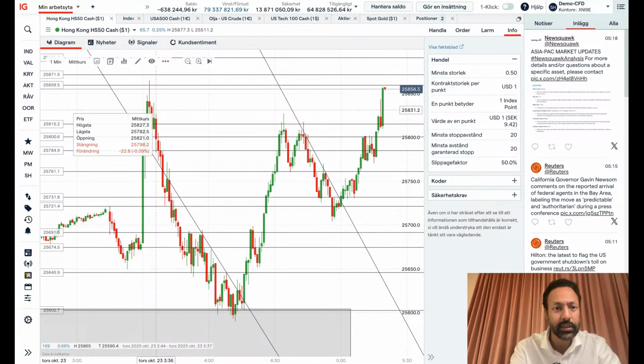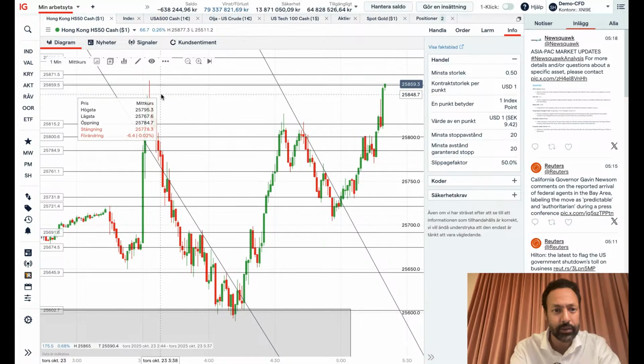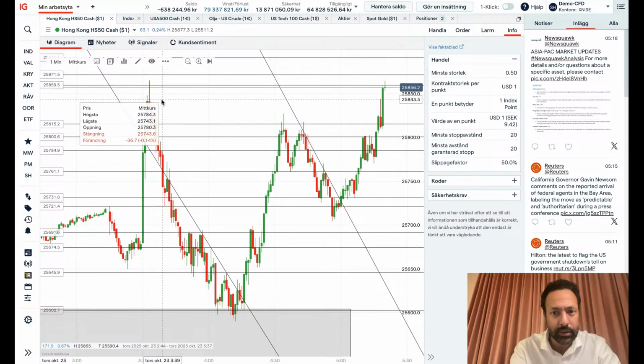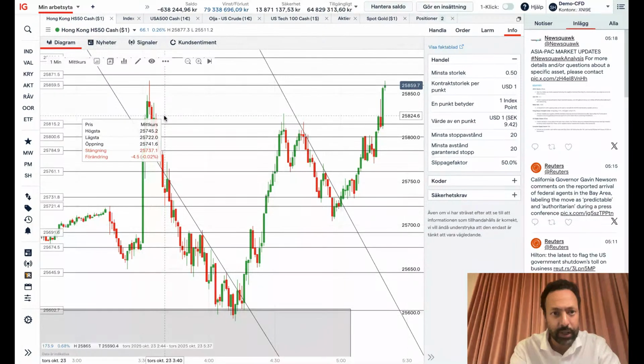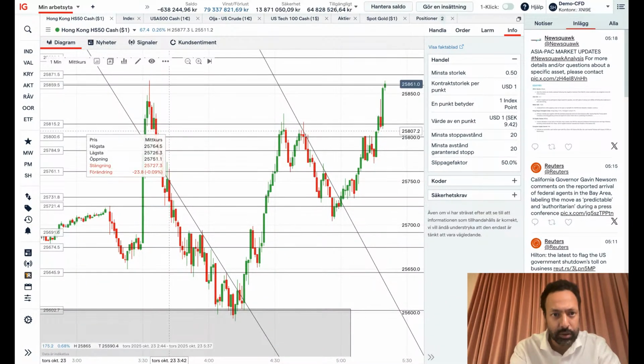Move the stop forward, get stopped out. Then we might go higher, then we can join in at 28. Let's try a short. 24, small reaction. No.